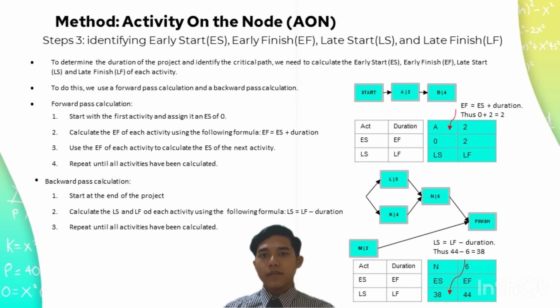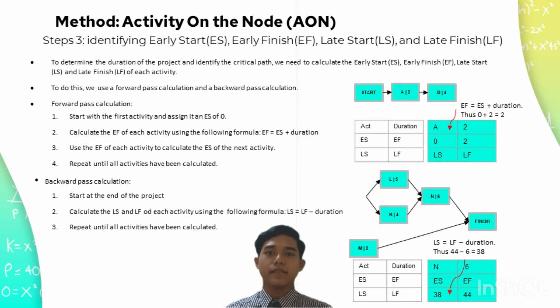For the forward pass, start with the first activity and assign it an early start of 0. Calculate the early finish of each activity using the following formula: early finish equals early start plus duration. Use the early finish of each activity to calculate the early start of the next activity. Repeat until all activities have been calculated.